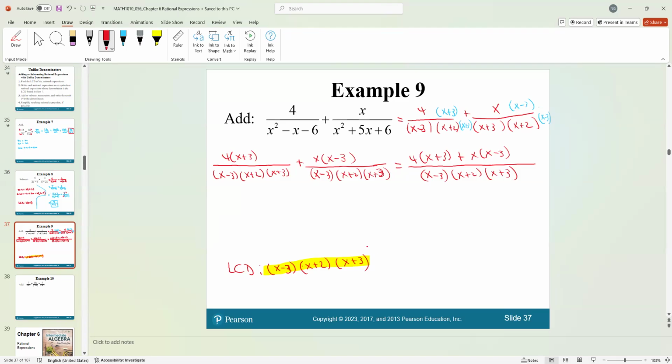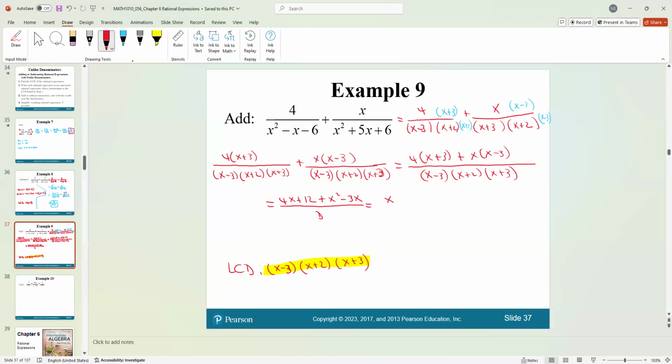We can distribute. We distribute 4 times x is 4x. 4 times 3 is 12. Plus x times x is x squared, minus, x times negative 3 is negative 3x. I'm going to put D for now, so it's over the denominator. Let's simplify.